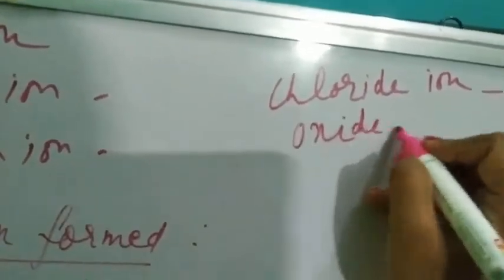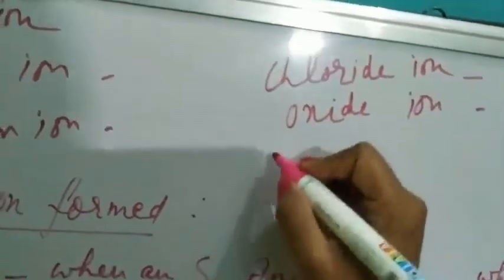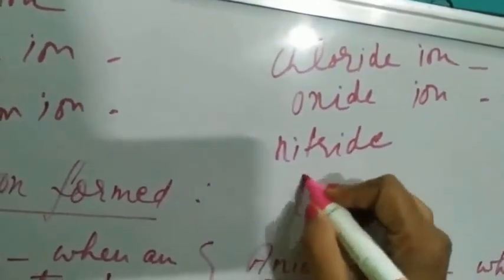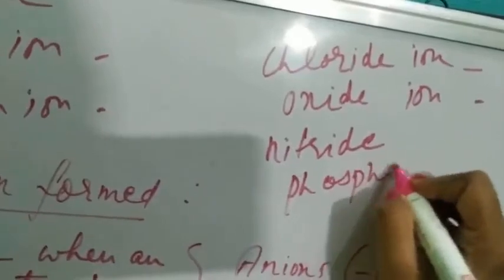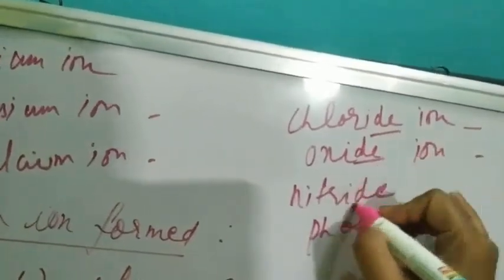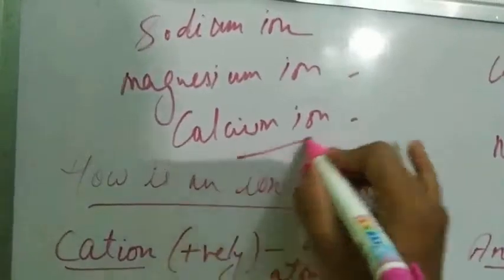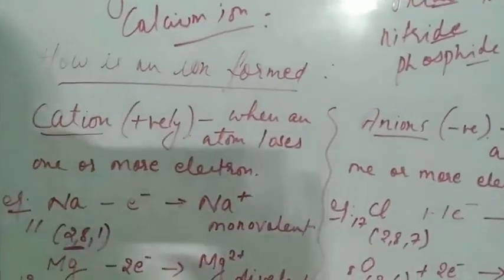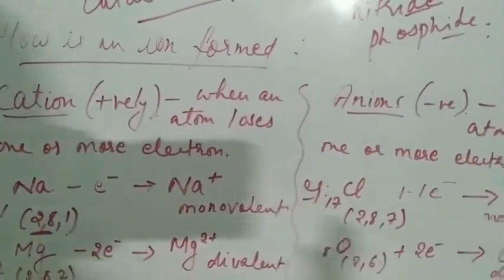Chlorine becomes chloride ion. Oxygen becomes oxide ion. Nitrogen becomes nitride. Phosphorus becomes phosphide. All the negative ions, when they gain electron, they become ide, whereas the name of the cation does not change. Okay, hope this ion formation is clear to you.